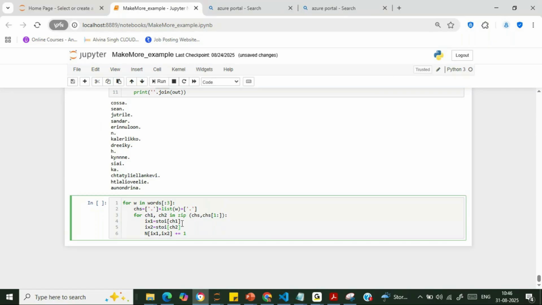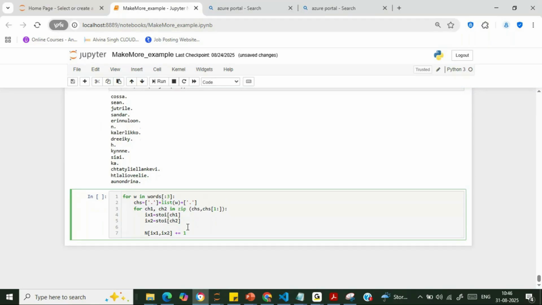That is perfectly fine. And what I need to do is calculate the probability, and it will be capital P of ix1 and ix2.